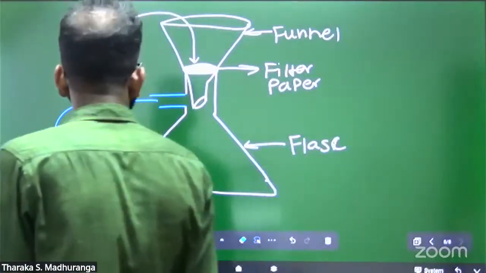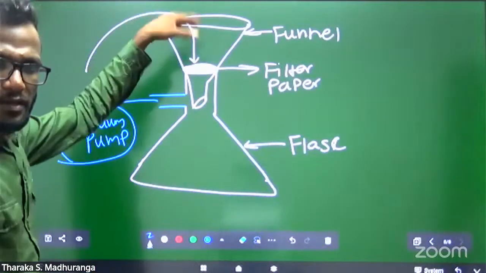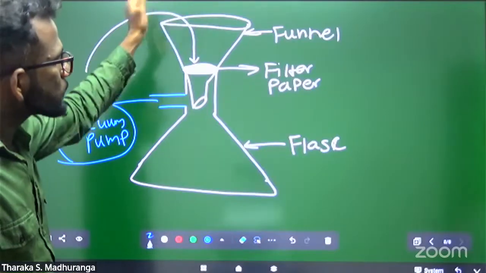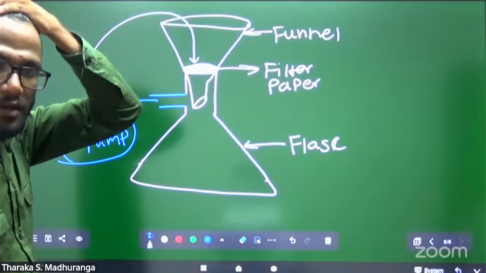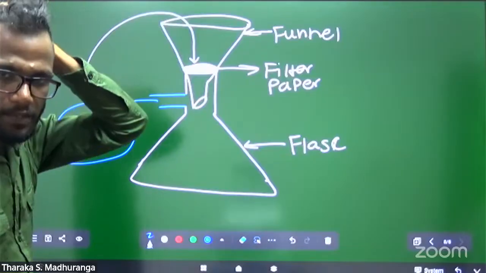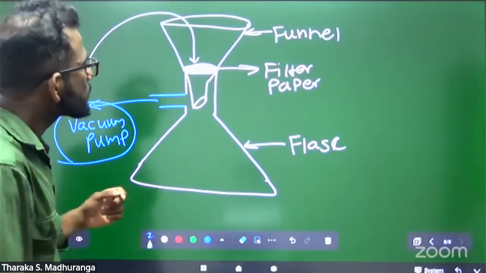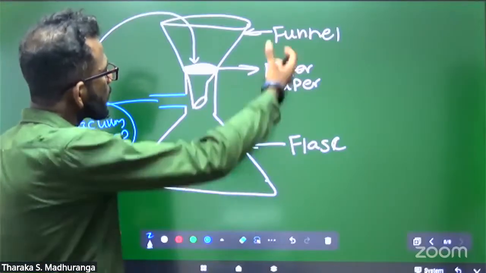Okay, now after cooling, after removing charcoals, after adding the remaining compounds onto the filter paper, we switch on the vacuum pump. After the vacuum pump is switched on, what happened?